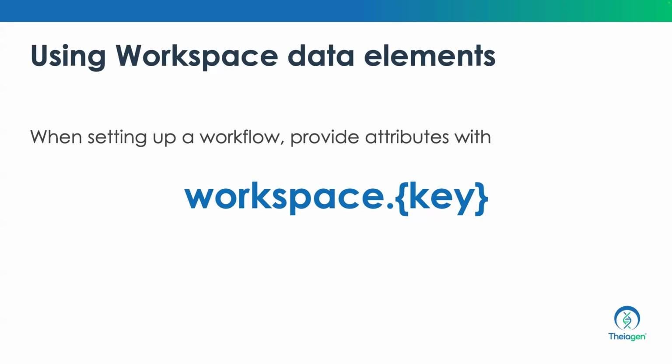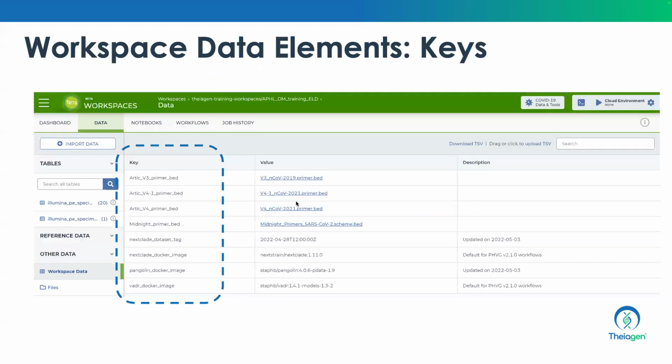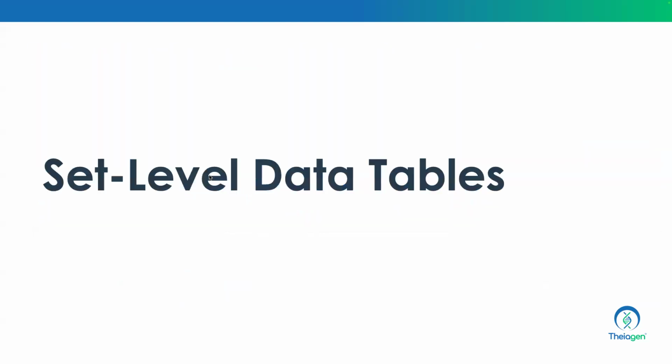And now we are using the notation workspace dot to identify a workspace data element. So going back here, if we wanted to input this Attic v3 primer bed file, then what we would do is say workspace dot Attic v3 primer bed. That would identify that we want to input this value, and we identify it with that specific key. All right.